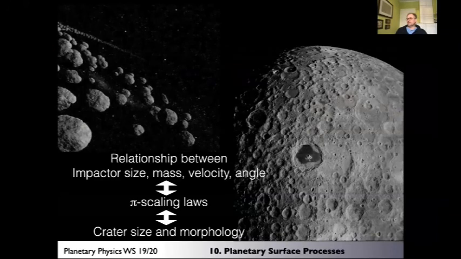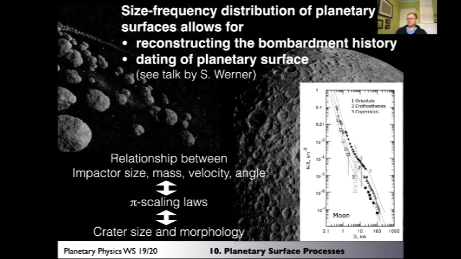So with this, you have a nice relationship between the impact properties and the scaling law, and you can estimate crater size and morphology. And that's very important. You've heard lectures before on crater chronology, so dating impact surfaces by the size frequency distribution of craters.